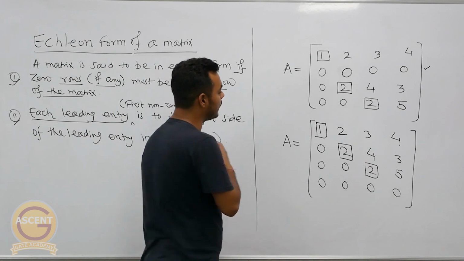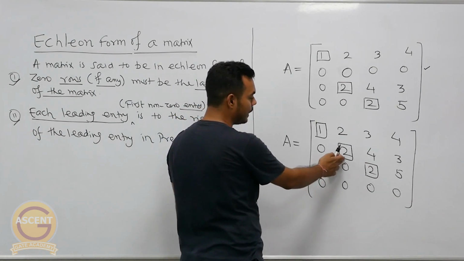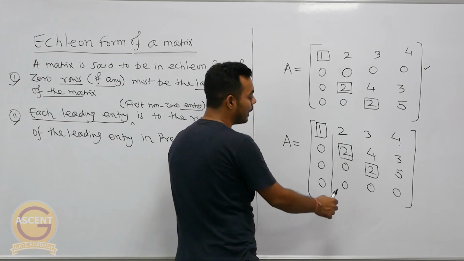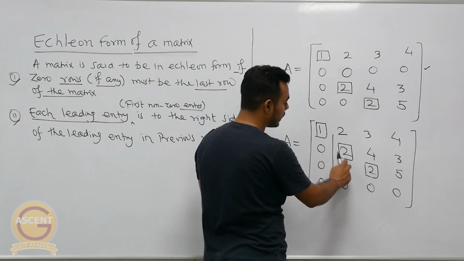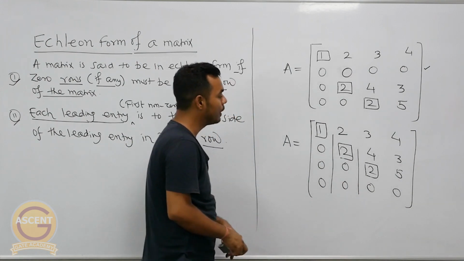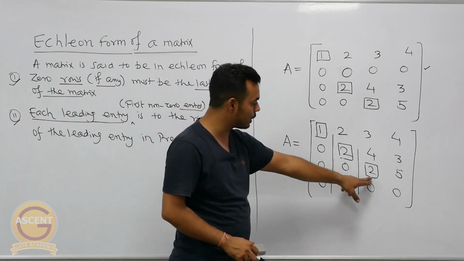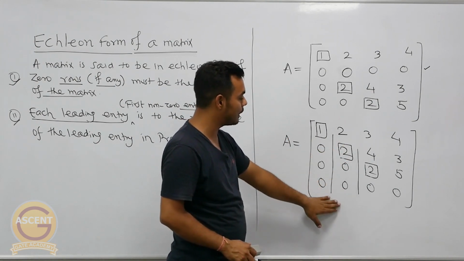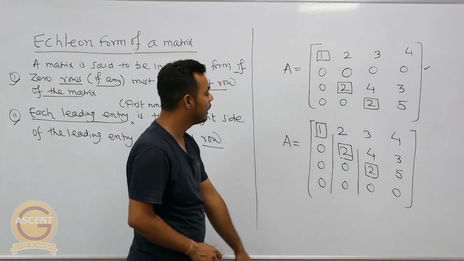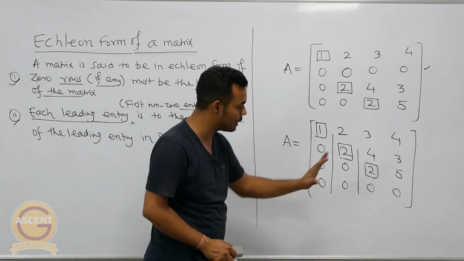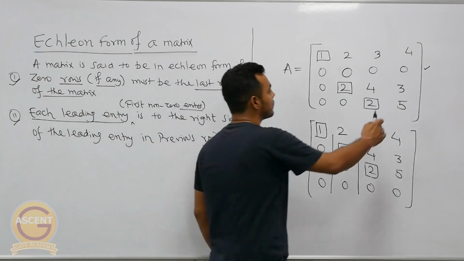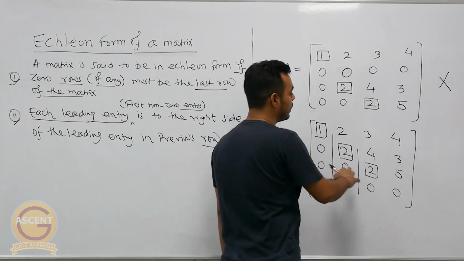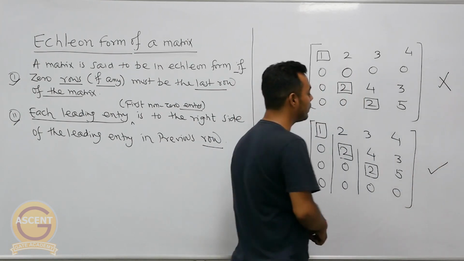Now you can see that the leading entry in second row is to the right side of the leading entry in first row, and leading entry in third row is to the right side of the leading entry in second row. So each leading entry is to the right side of the leading entry in previous row, and therefore now this matrix is in echelon form. 0 row is the last row and each leading entry is to the right side of the leading entry in previous row. So this first matrix A is not in echelon form, whereas if I interchange some of the rows, then this matrix is in echelon form.